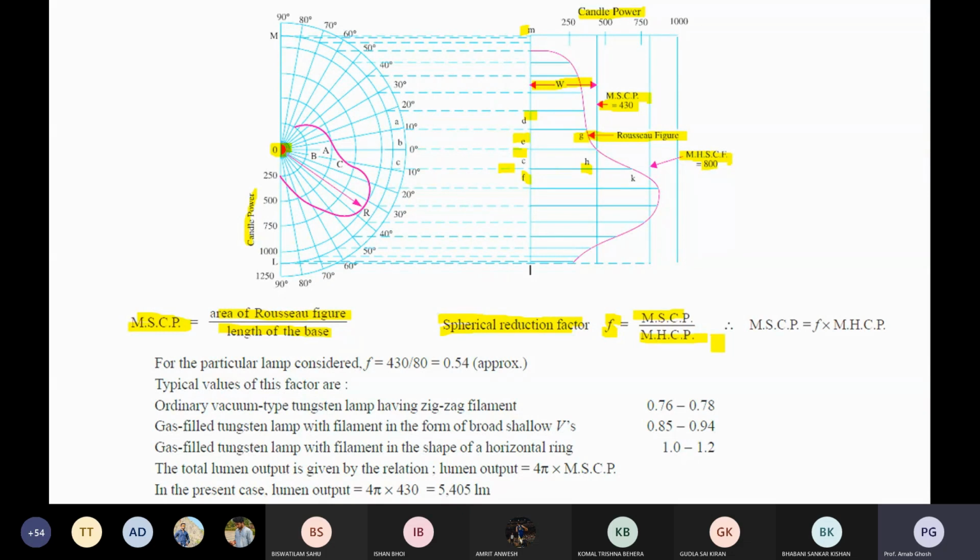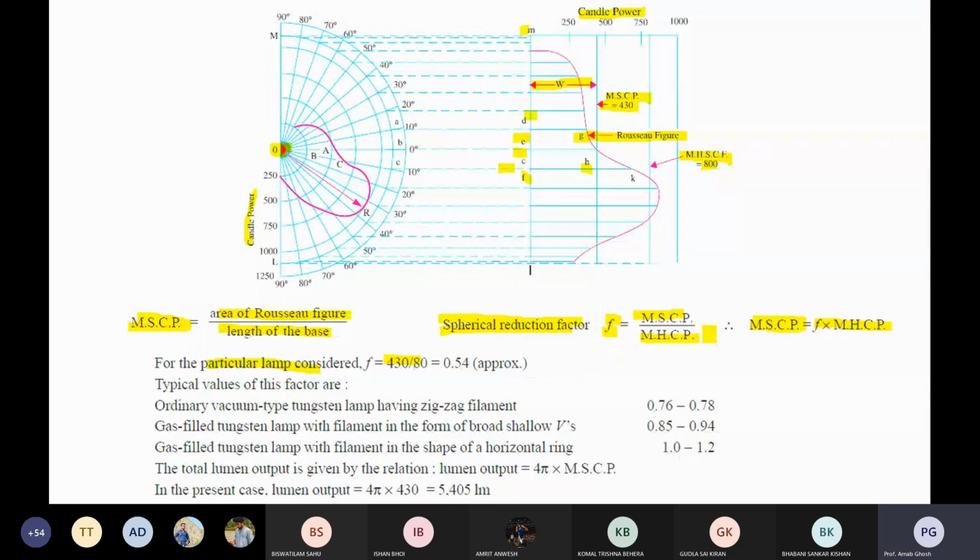If you have those values, one consideration: for example, for the particular lamp, it is given that MSCP is 430, and MHCP is 800. Okay, so you can replace them. If you replace both of them, your F is coming 0.5.